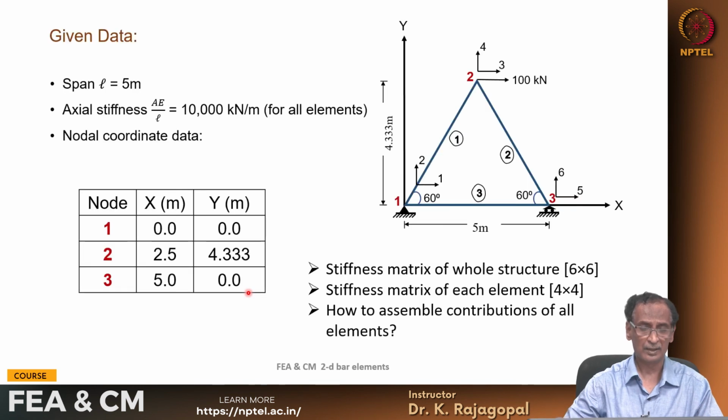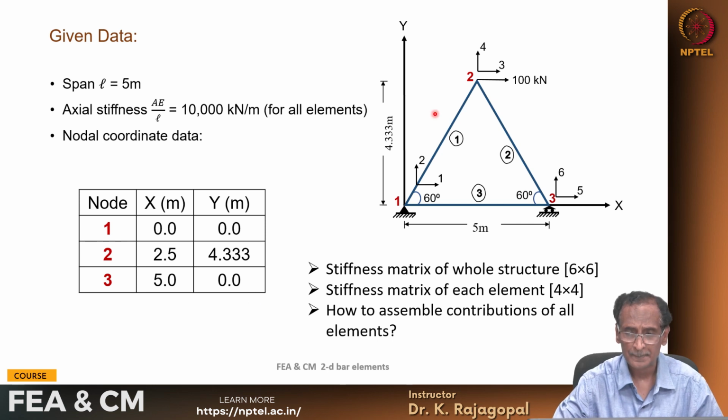so that we can understand the concepts more clearly. Let us take a very simple structure having 3 nodes, 1, 2 and 3, and 3 elements, 1, 2 and 3. The length of each of these elements is 5 units or 5 meters, and AE by L, the axial stiffness, is 10,000 for each of these elements.